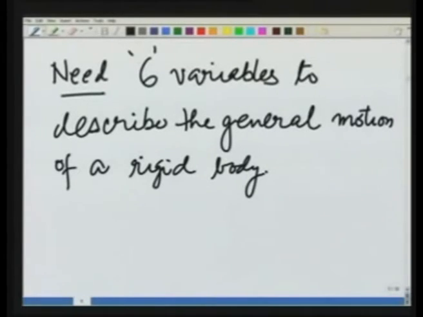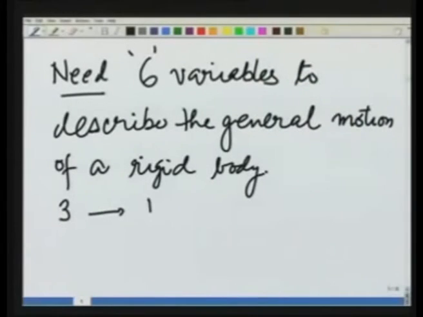In a rigid body there could be 10 particles, 15 particles, 10 raised to 23 particles, why only 6? That comes because there is a big constraint we are working with. The constraint is no matter how many particles, the distance between two particles will always remain fixed, and that constraint reduces the number of variables that I need to describe the motion of a rigid body to 6.